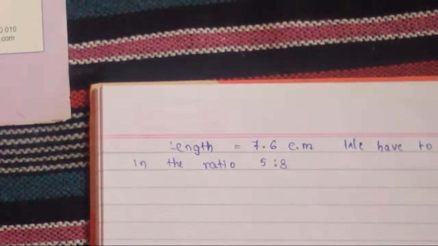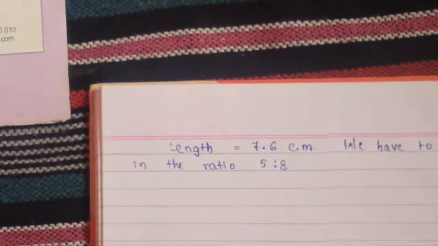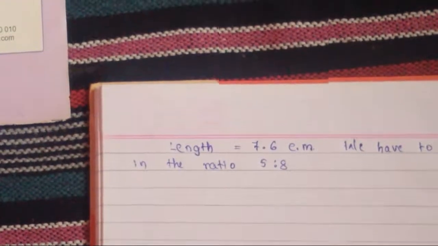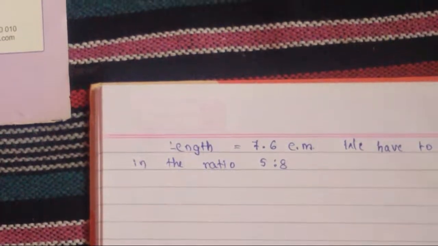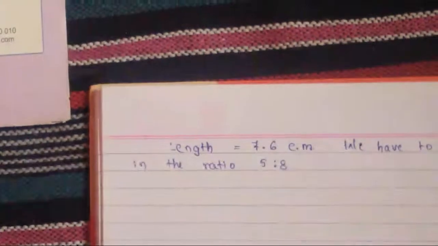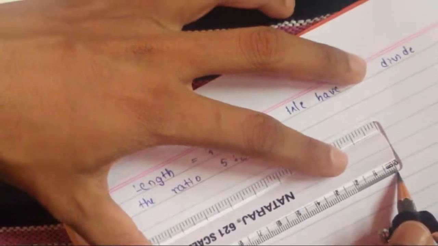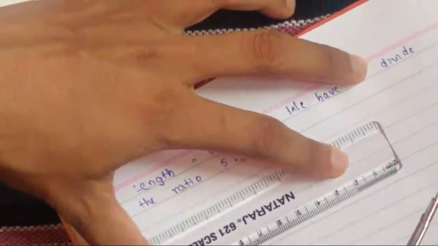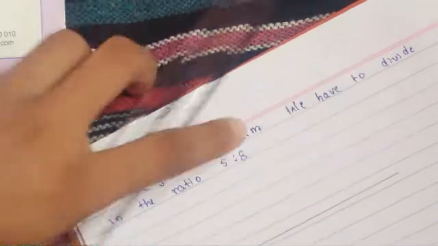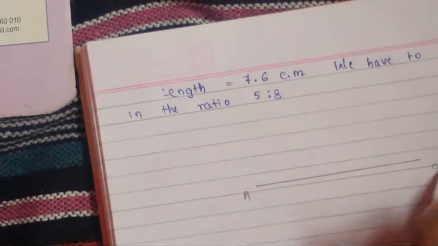For that, what we have to do is use a scale and draw a 7.6 centimeter length. I will name the endpoints as A, B.